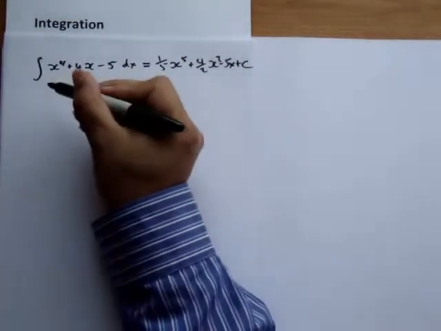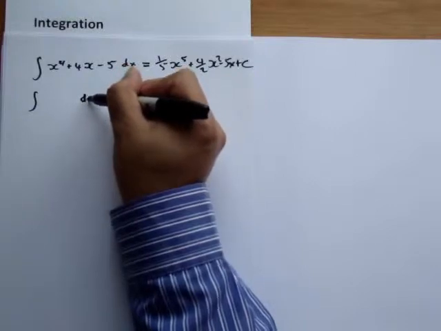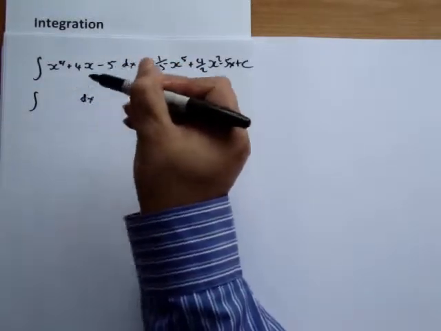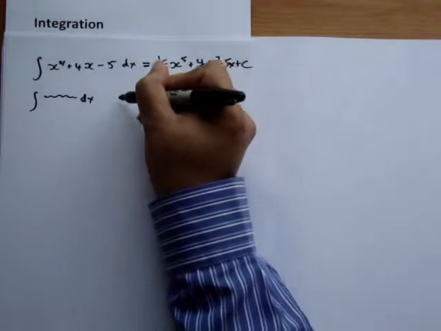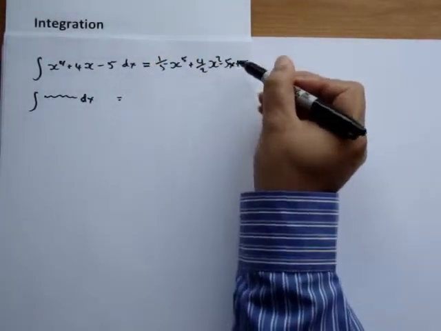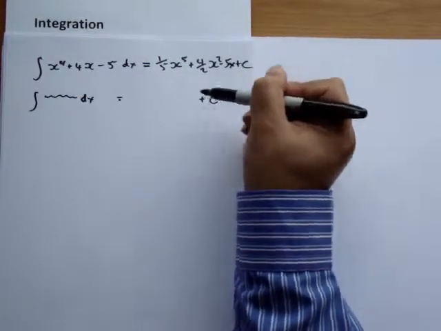We look at the integral sign and the dx as a set of parentheses, and we're integrating whatever's in between, and then we find out what the integral is, and then we end with plus c.